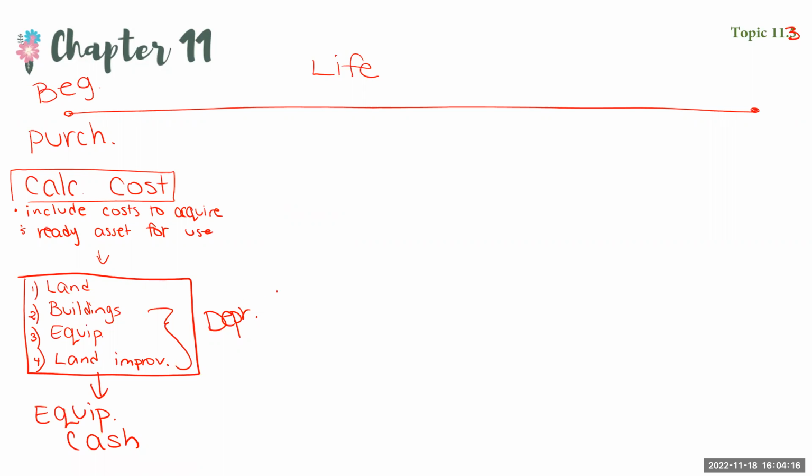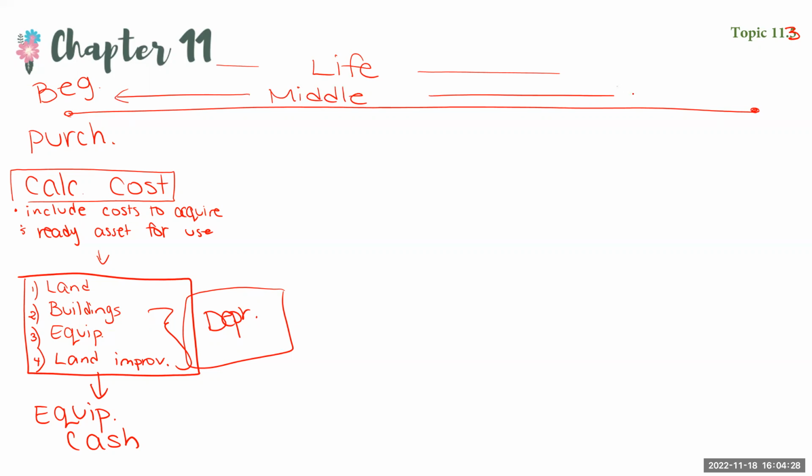All right, going back, if it falls into one of those last 3 categories, we have to record depreciation, and that's going to occur throughout its life. So maybe we should revisit our definition.